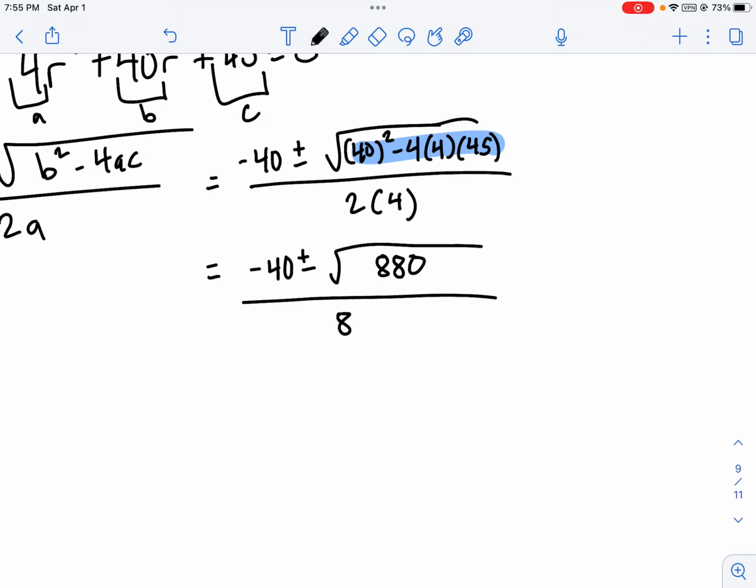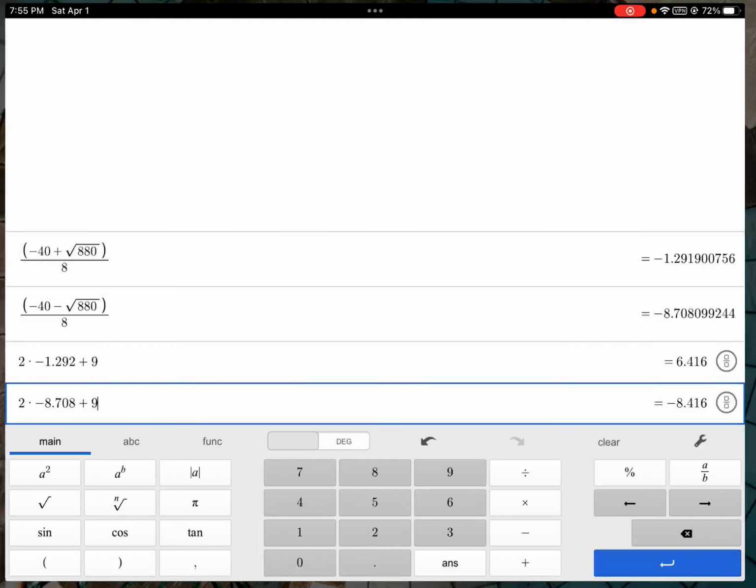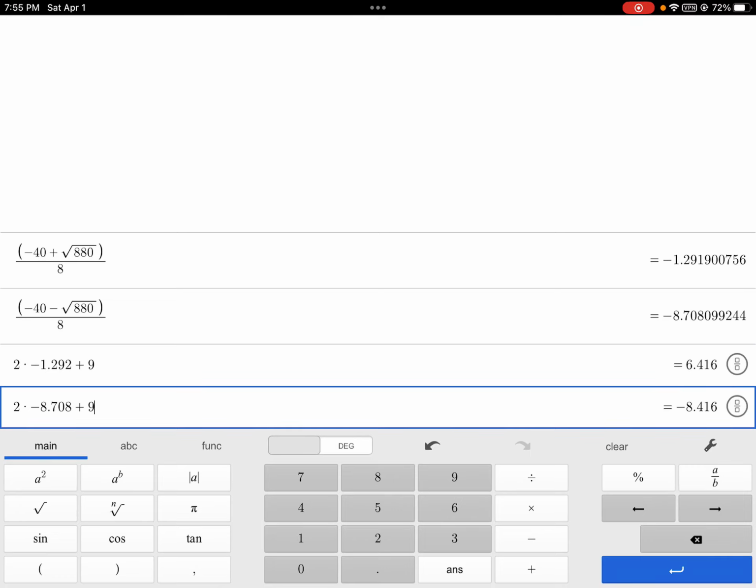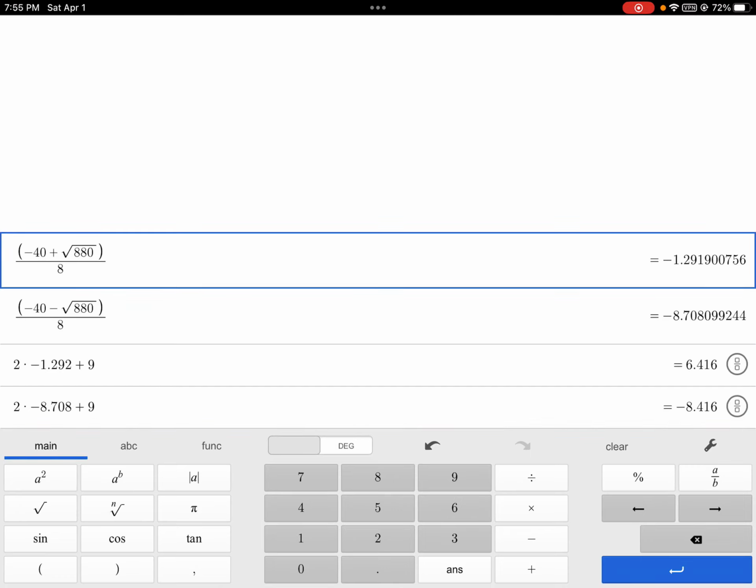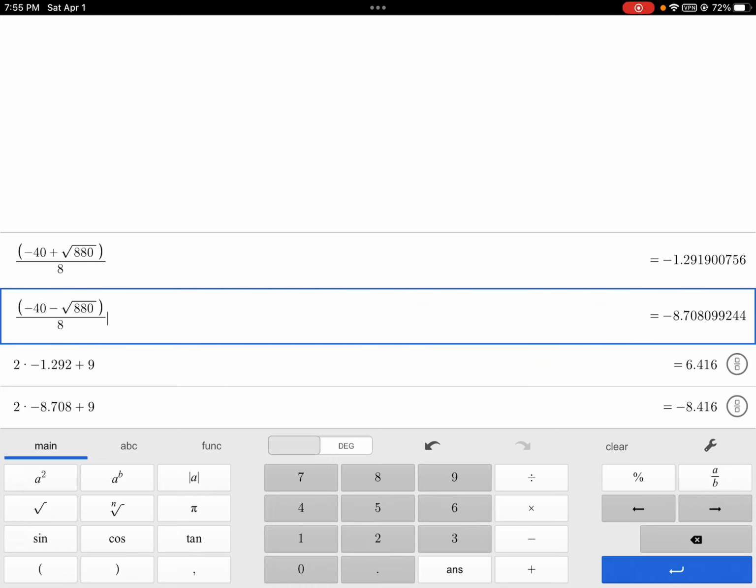Plug it right into a calculator. At the top we have negative 40 plus the square root of 880 over 8, and down below negative 40 minus the square root of 880 over 8. Those two answers are negative 1.292 and negative 8.708.